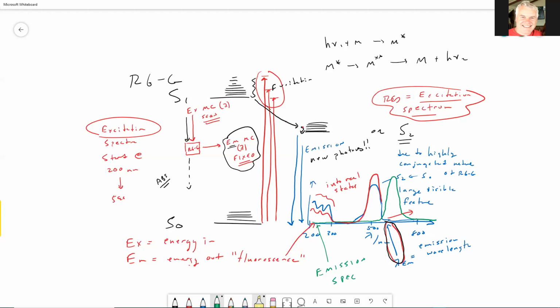Basically what you're seeing is that for the emission spectrum, as you put light in here, then you monitor where the light comes out. You monitor on the red side of that line, and you say, is it here? Is it here?